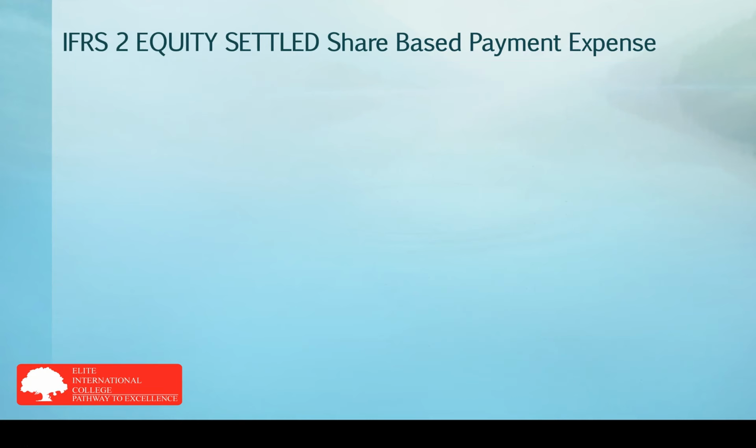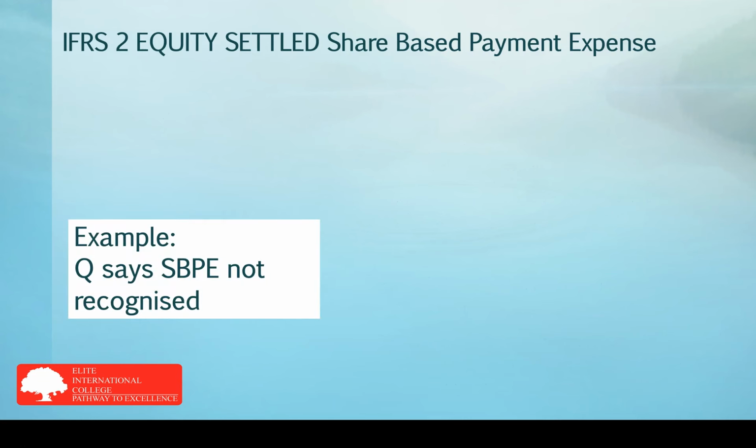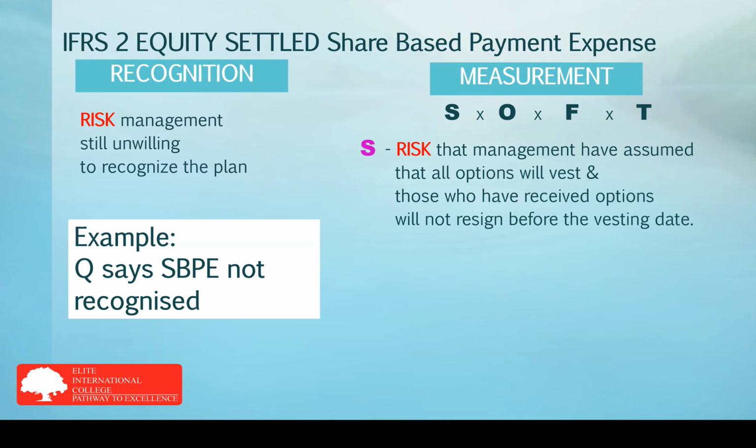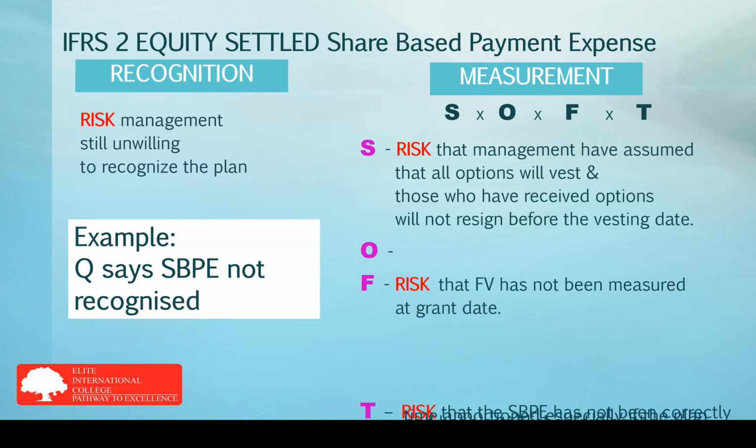So what if the exam question says that the share-based payment has not been recognized? Then what are the points that you can include inside your answer? On the area of recognition, you could say that there is a risk that management is still unwilling to recognize the plan. And on the area of measurement, you've got SOFT, and you've got these risks that you mentioned.